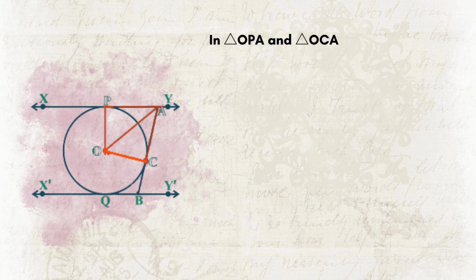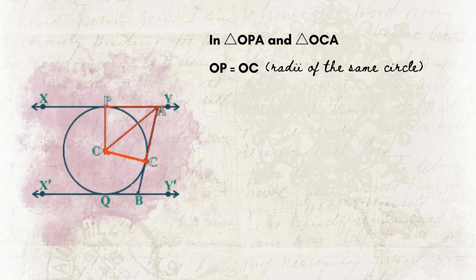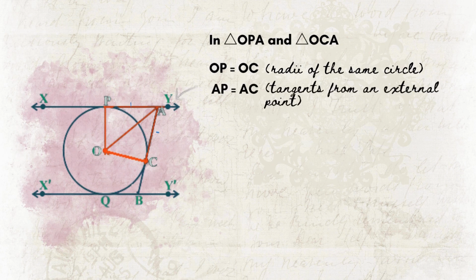In triangle OPA and triangle OCA, OP is equal to OC because both are the radii of the same circle. AP is equal to AC. These are tangents from an external point A. OA is common.